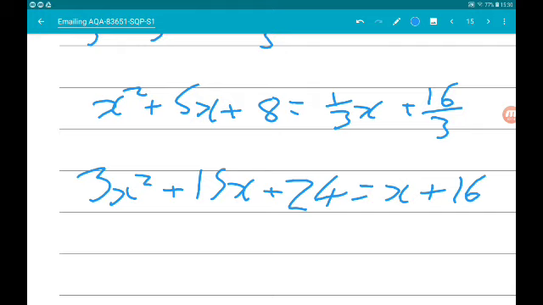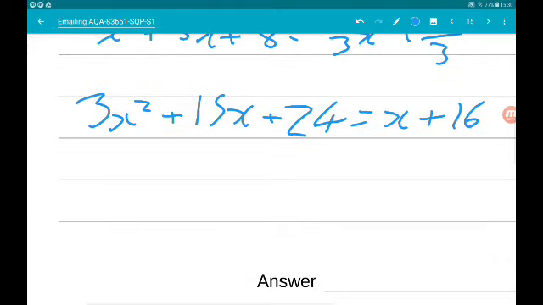Now it's quadratic, so we need to get everything on the same side. So we're going to subtract x, so we're going to get 3x squared, add 14x, and we're going to subtract 16. So 24 minus 16 is 8.